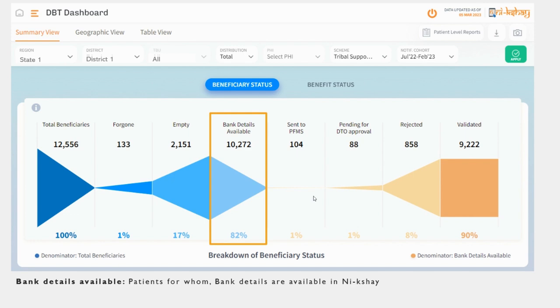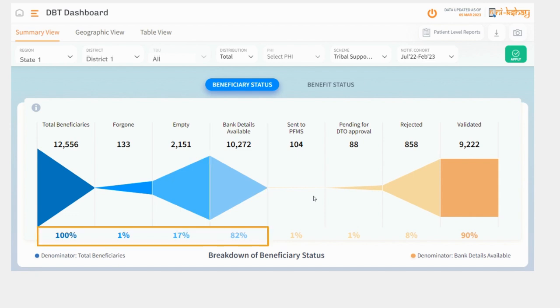Thus, for the balance 82%, that is 10,272 patients, bank details are available. Up to this indicator, count of total beneficiaries is considered as a denominator for percentage calculation. Thus, these blocks in the chart are indicated by a blue color.